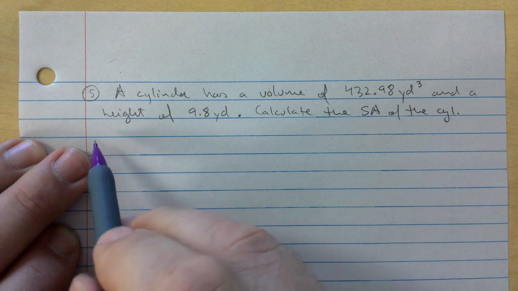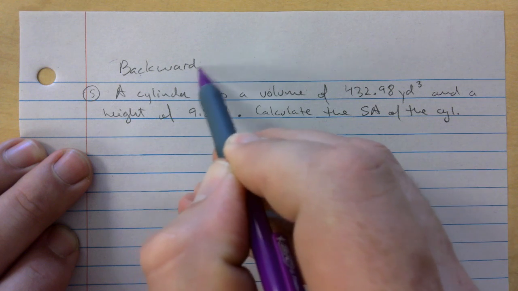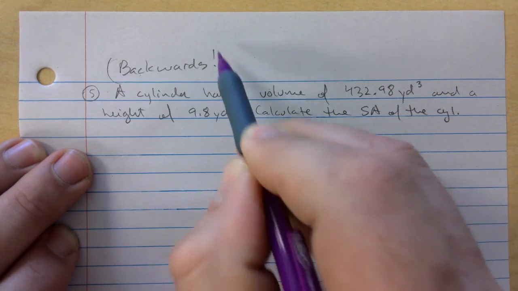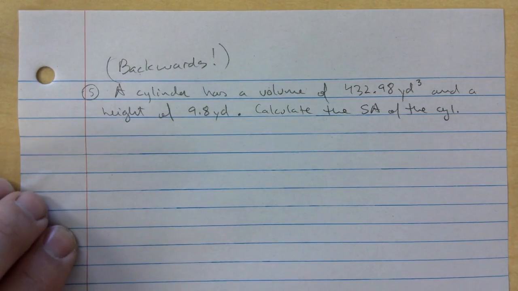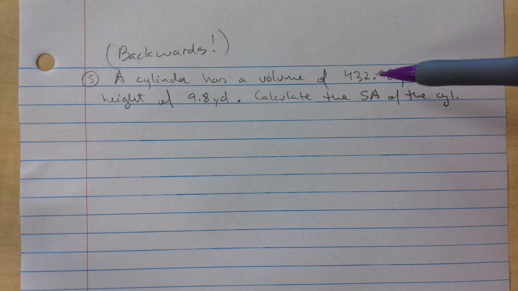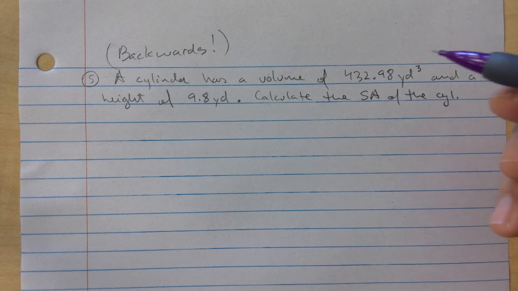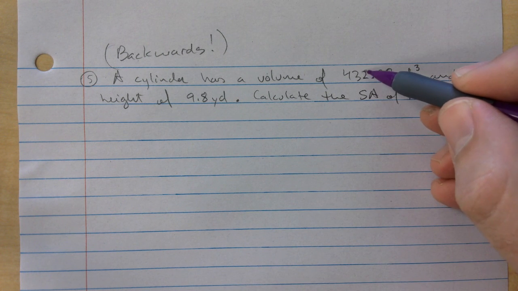This is backwards, by the way. You're going to need to work backwards here. And what I mean is you use algebra to figure out missing components. And if you're given the surface area or if you're given the volume, you can rest assured that you'll have to work backwards.